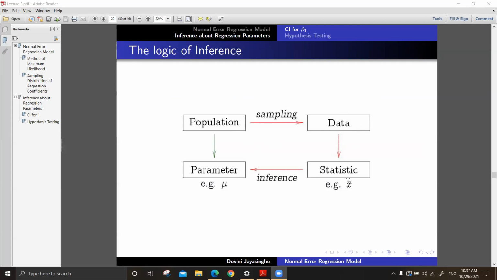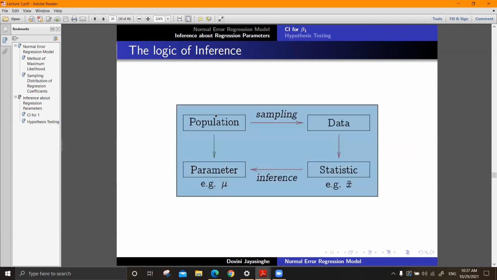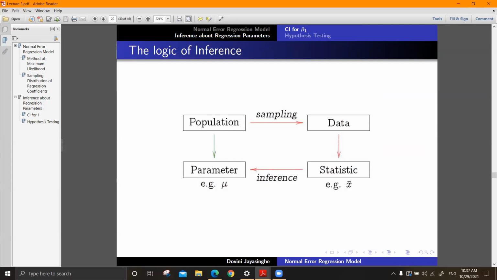We use some statistic to make inferences about the population parameter. Because we cannot come directly from here to here, we have to go along this cycle. We take a sample and have data, we construct some statistic where we know the distribution. Then we can make inferences about the population parameter.